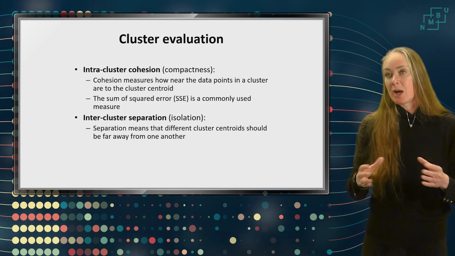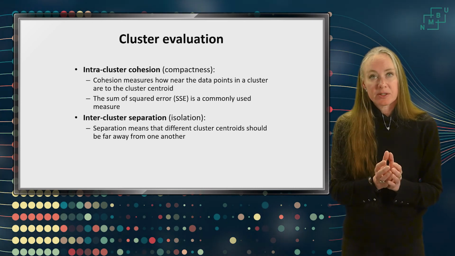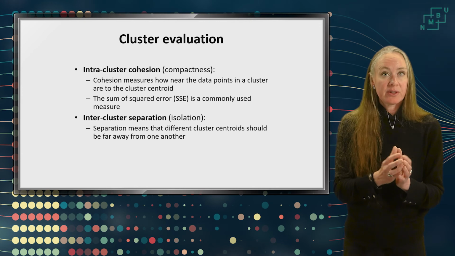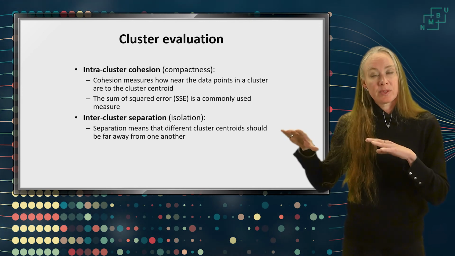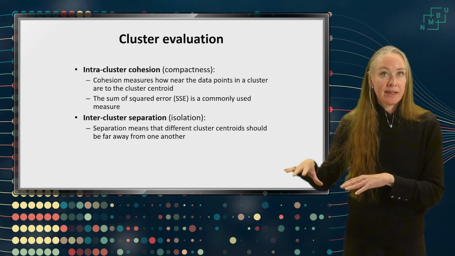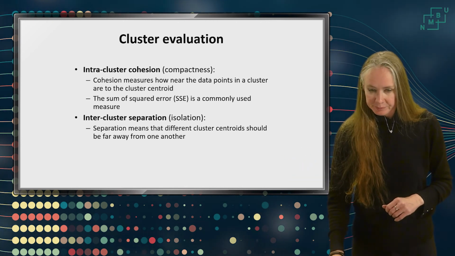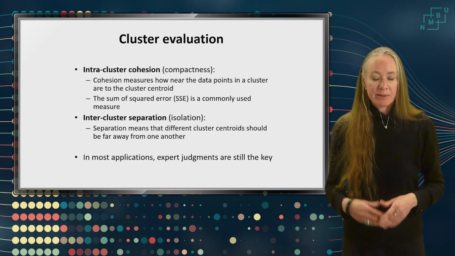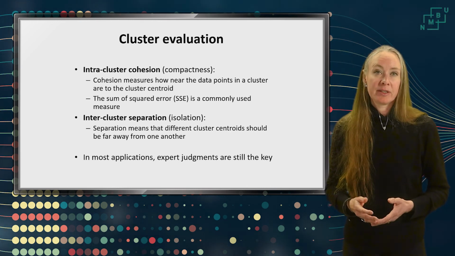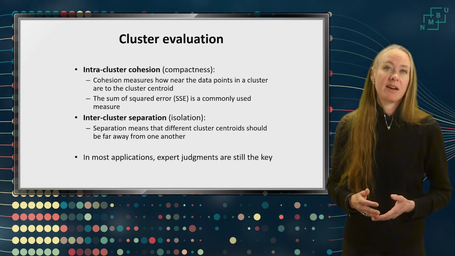So we want observations within the same cluster to be as close to each other as possible, and we want them to be as far away from observations in other clusters as possible. But in most applications, expert judgments are still the key.